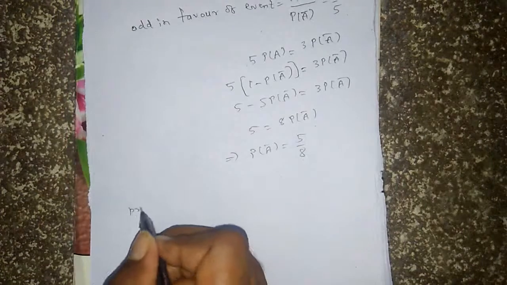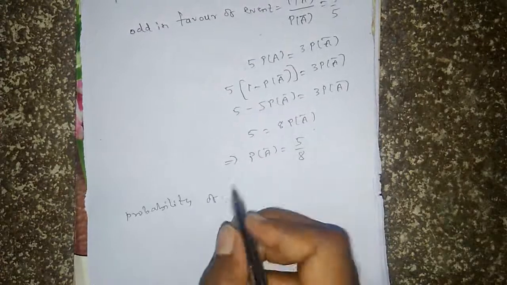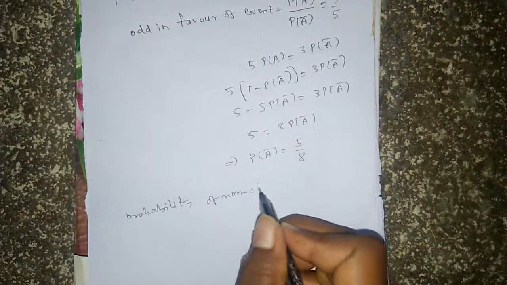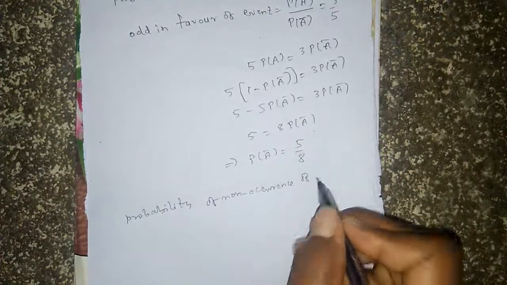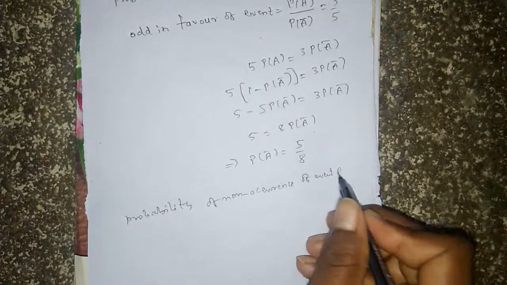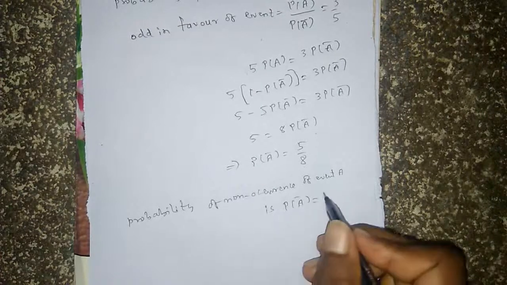Therefore probability of non-occurrence of the given event A is given by P of A bar is equal to 5 by 8.